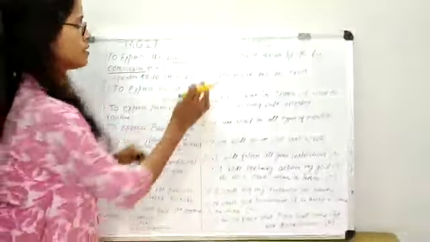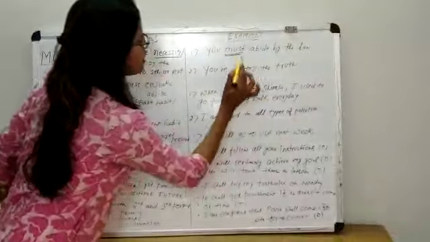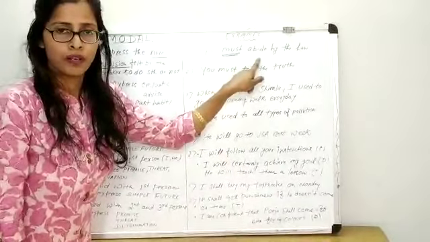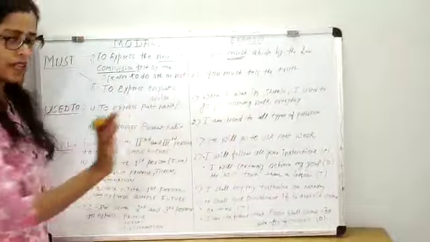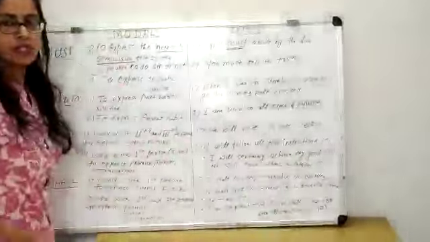Here first point, example, you must abide by the law. Here the emphasis is on the adherence to law and order. It means the speaker is advising you to abide by the laws and regulations of the society.